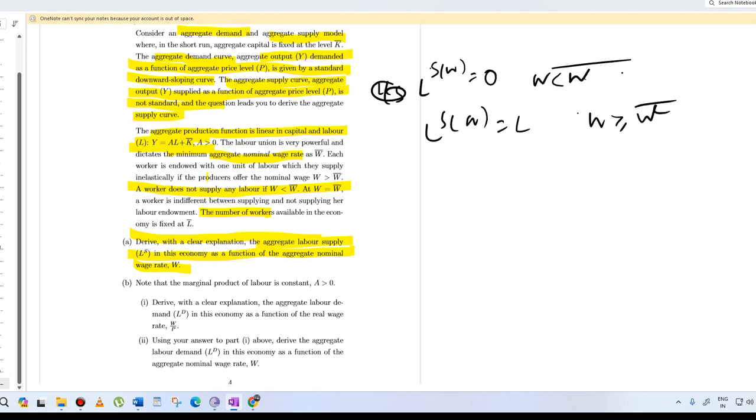If offered a nominal wage rate less than the minimum wage rate set by the labor union, no worker will be willing, and if it is more, then everyone will be willing. So this is the given structure.